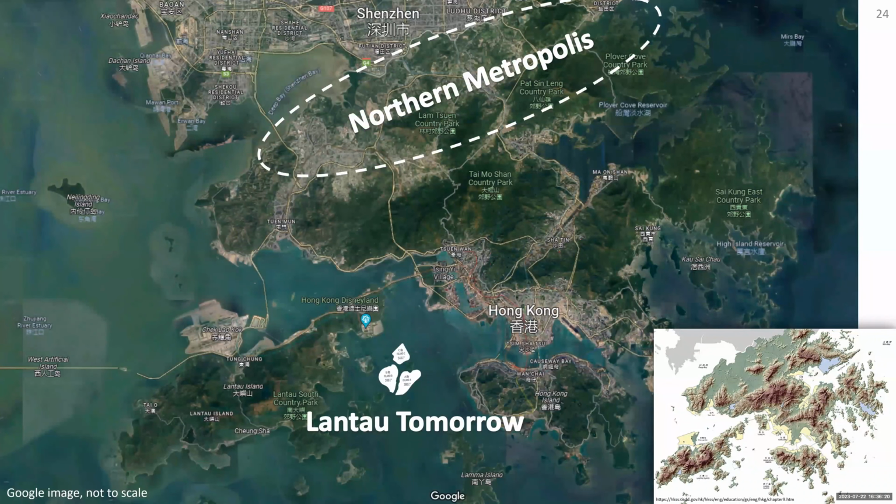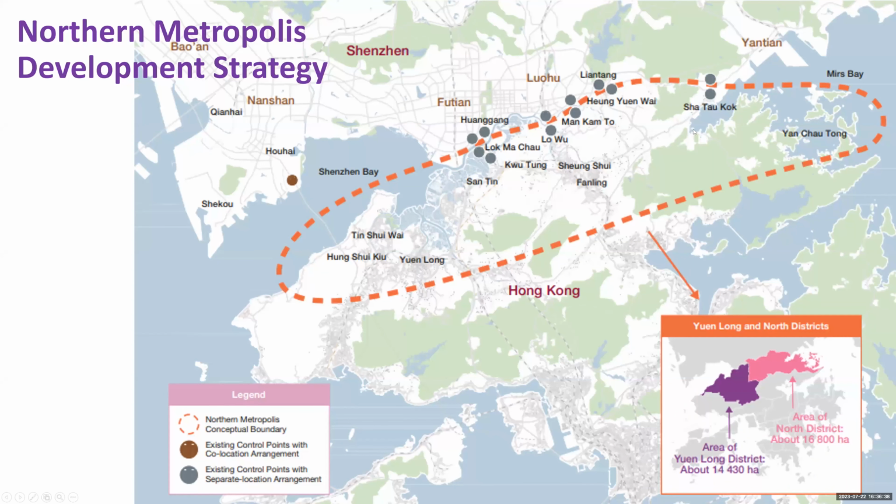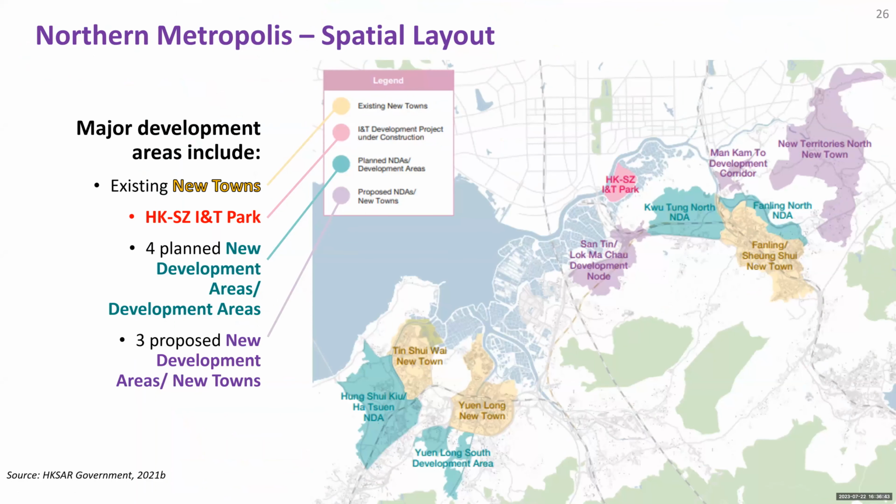All right, so the Northern Metropolis. If you were here earlier on, Professor Douglas' slides also show that this part of Hong Kong is very low lying and is prone to sea level rise and to flooding as well. So this is the conceptual boundary of the Northern Metropolis development strategy. If you're still not sure what's inside, basically it includes all the existing new towns, all the yellow patches, and then of course the Hong Kong-Shenzhen Innovation and Technology Park.